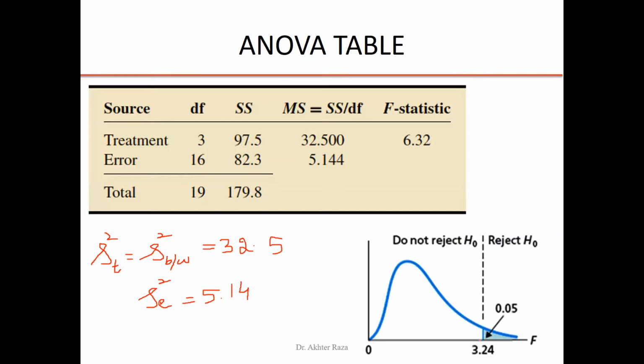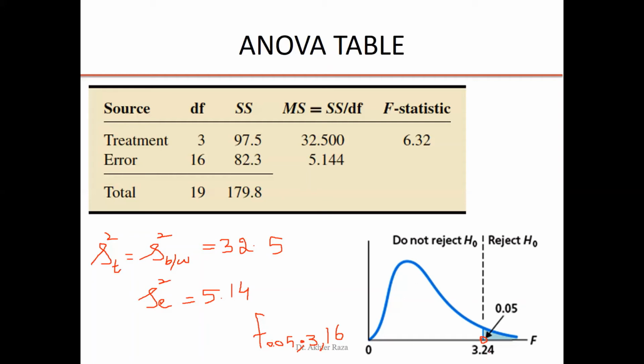That critical value is 3.24, written as F at 0.05 level of significance with degrees of freedom 3 and 16. Degrees of freedom are separated by comma and alpha is separated by a semicolon.